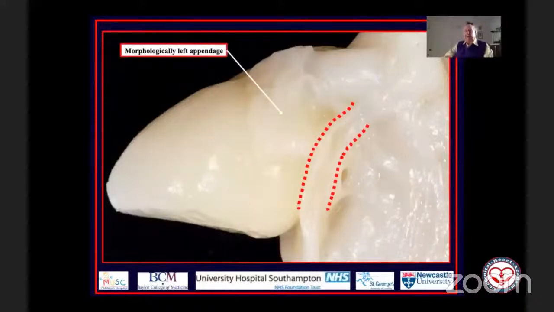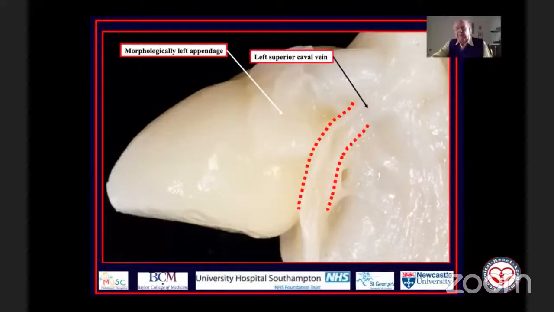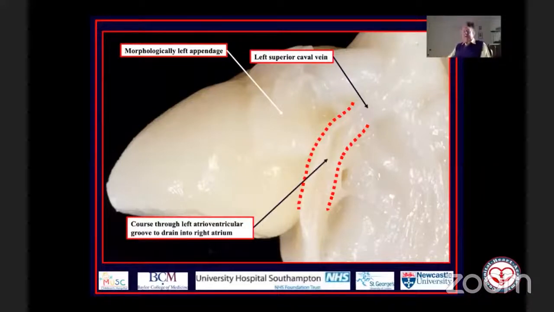But what Diane has done here is she has emphasized for you the course of what is happening to the venous drainage. Because that left superior caval vein, which you'll remember is receiving the blood from the right superior caval vein, is now coursing through the coronary sinus, and it is draining its blood into the morphologically right atrium.